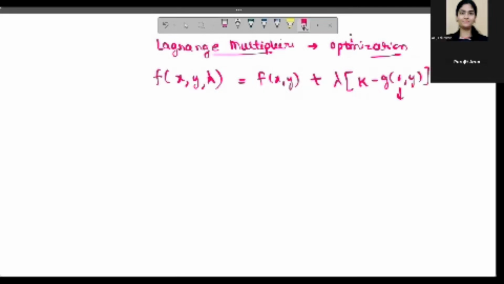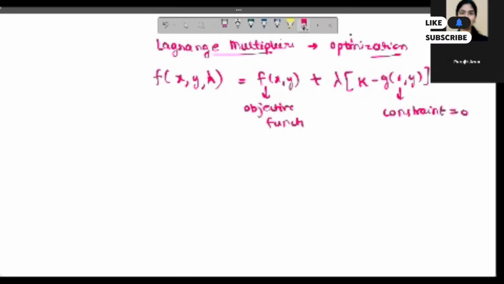The new function is made from the constraint, when you put that constraint to 0. And this is of course your objective function, which is given to you. And lambda is the multiplier, the Lagrange multiplier.